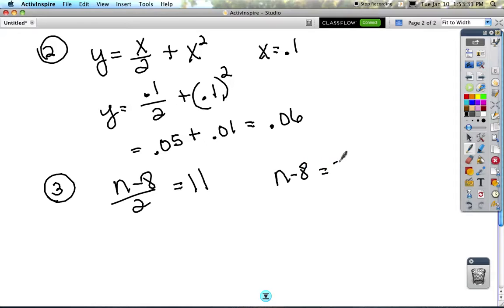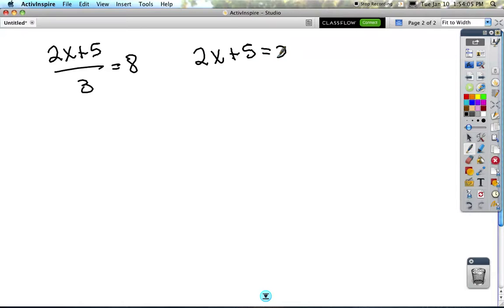And I multiply it on the right side. And then how am I going to solve for n? Add 8. Now, guys, you can always go back on these and check. 30 minus 8 is 22. 22 divided by 2 is 11. Check where you can.